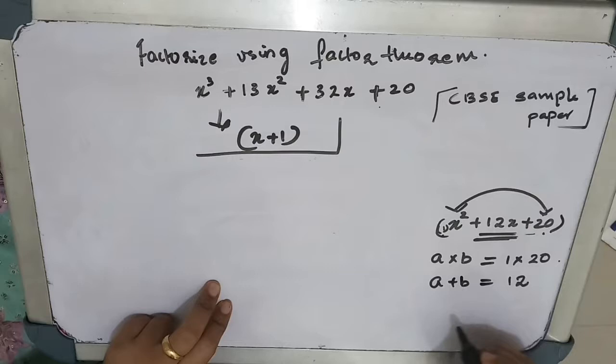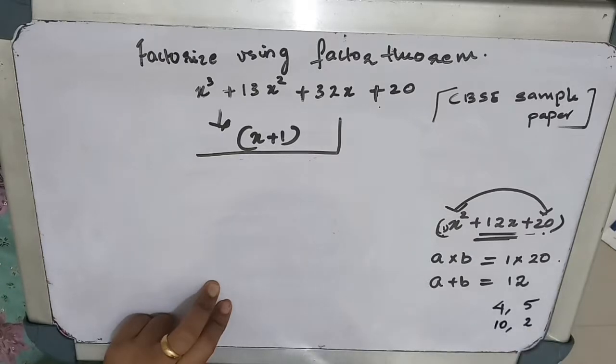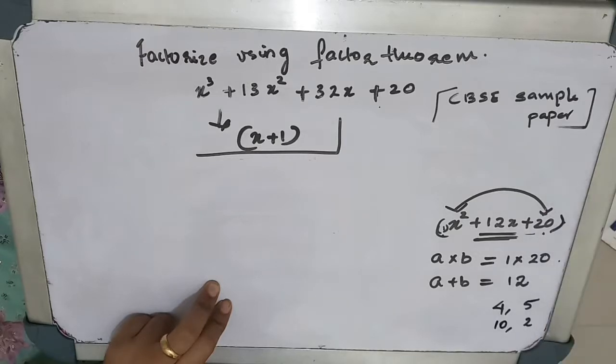We know that the factors can be 4 and 5, and also they can be 10 and 2. Since the product is a positive value, either we'll use two positive factors or two negative factors. Since the sum is also positive, we know that the values will, of course, be positive.